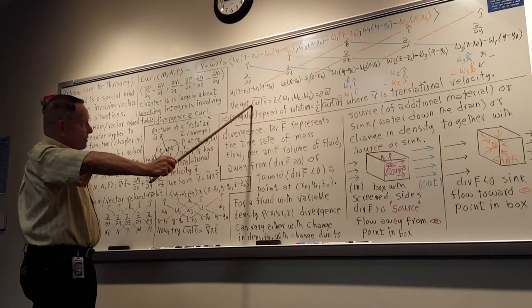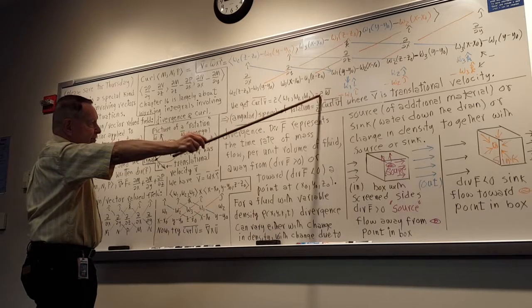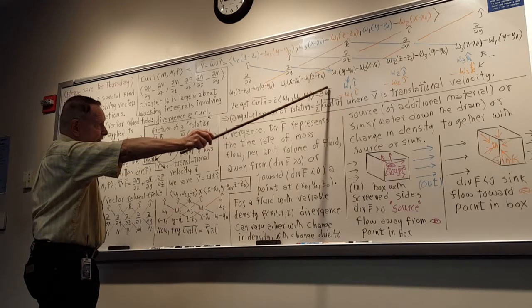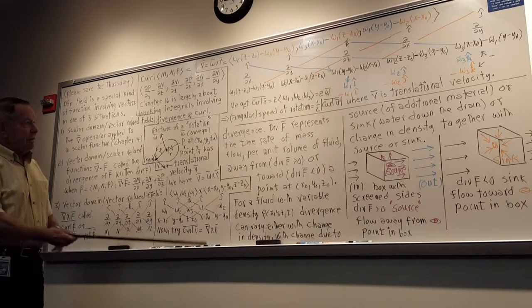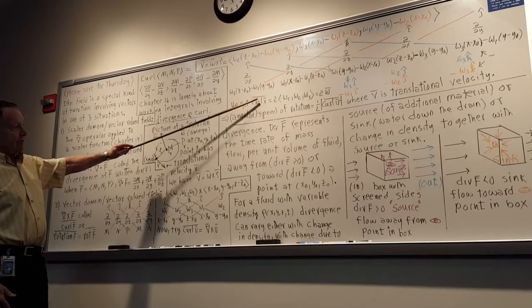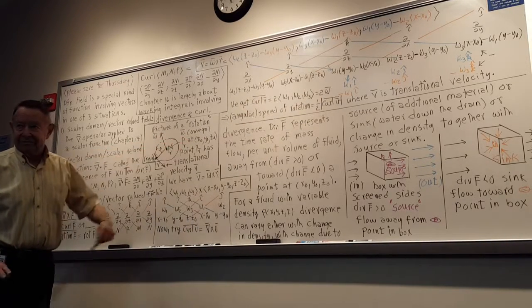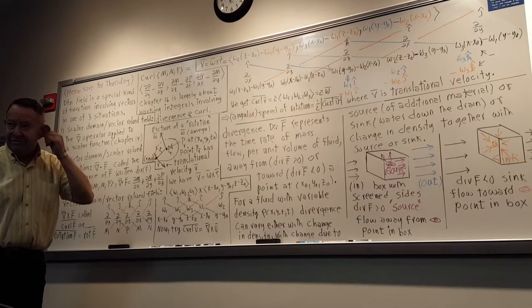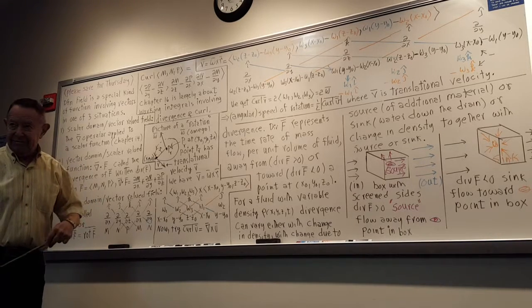So the curl of the translational velocity is twice the rotational velocity vector. So that means then that if curl is 0, then the rotational vector is 0. So you say curl 0 means irrotational.